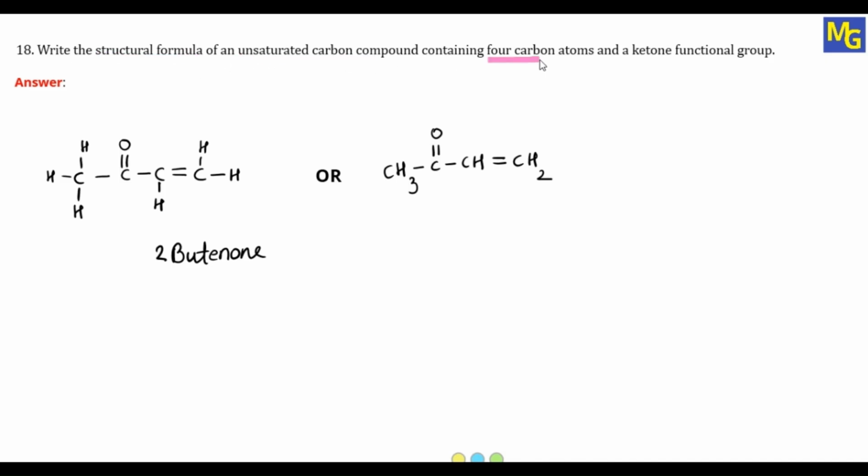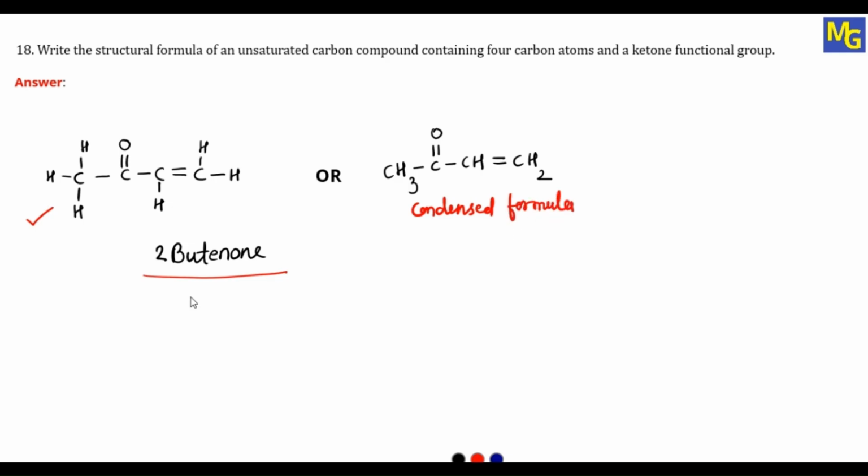It should have 4 carbons and also a ketone functional group. The answer is actually 2-butenone. So this is the structural formula, and this is called the condensed formula.